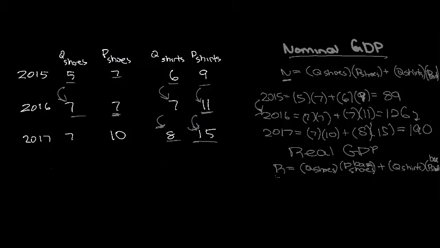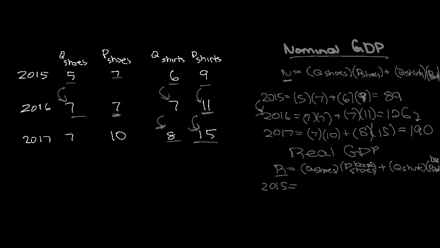Now just plug the numbers into the equation to find the real GDP for 2015. So the quantity of shoes for the current year is 5, and the base year price, which we'll say 2015 is the base year, it doesn't always have to be 2015. They could shift it, and then you would just use that price as the base year.